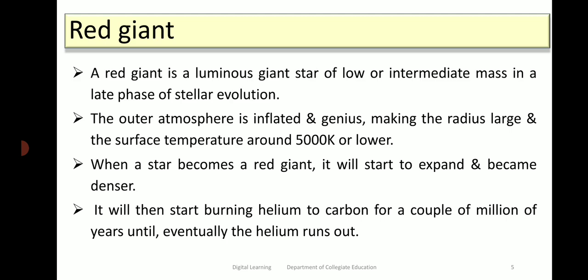When a star becomes a red giant, it will start to expand and become denser. It will then start burning helium to carbon for a couple of million years until eventually the helium runs out.